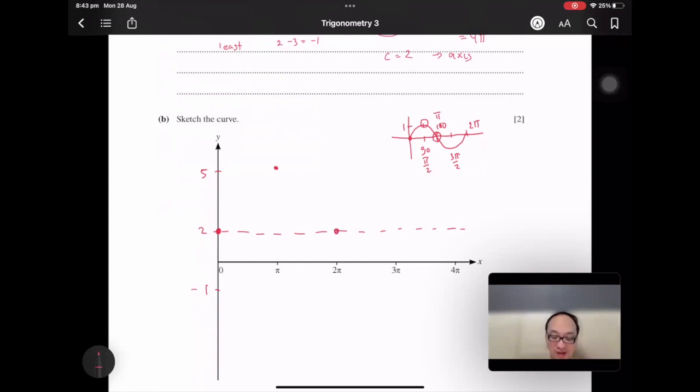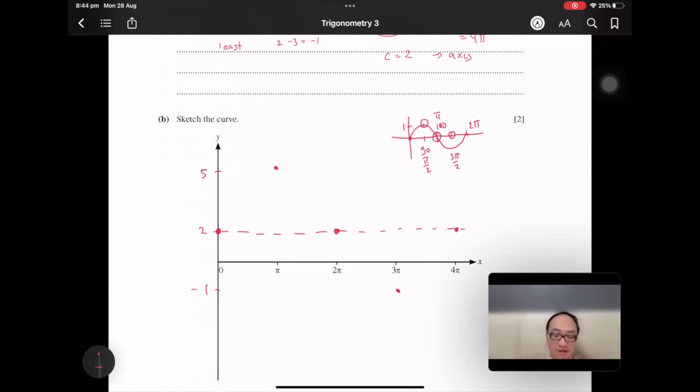So principal axis at 2 pi. And then minimum at 3 over 2 pi, divided by half becomes 3 pi. So minimum at 3 pi. And then back to the principal axis at 2 pi divided by half, so 4 pi.